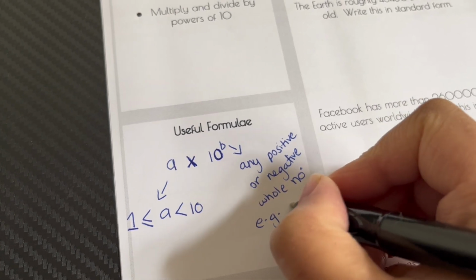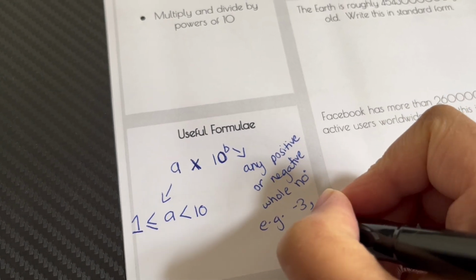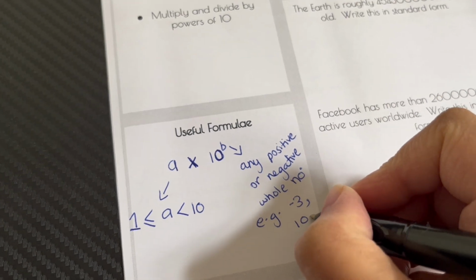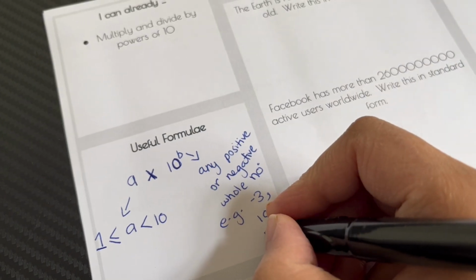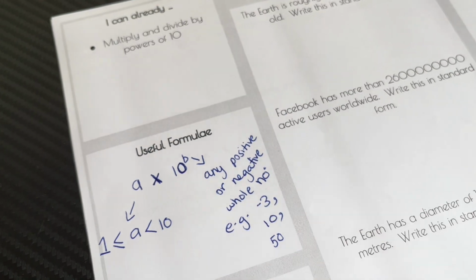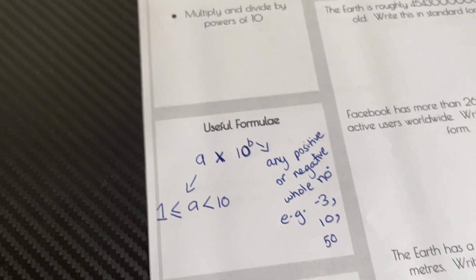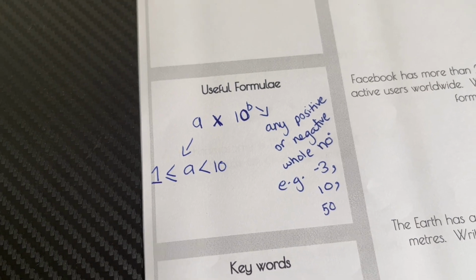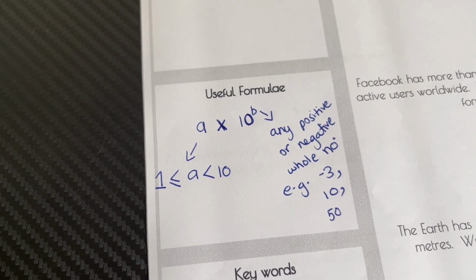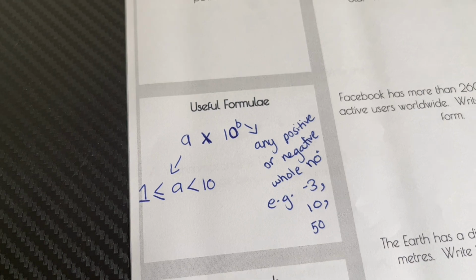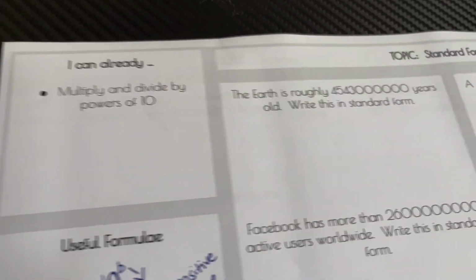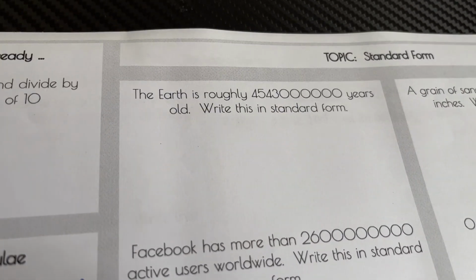E.g. -3, +10, or a big number like even 50, just depending on what your number is like. So that's what standard form is and how to write something in standard form. And now we'll take a look at some examples as to how that actually plays out.